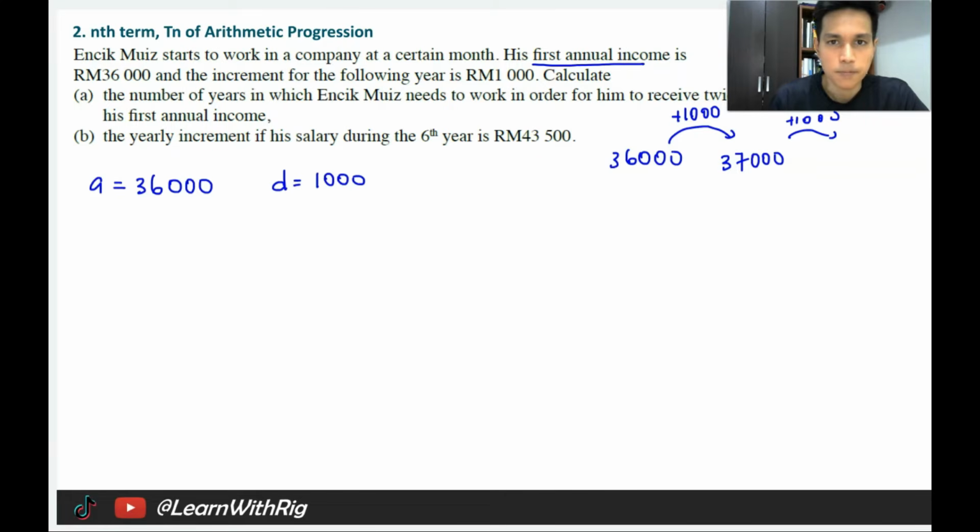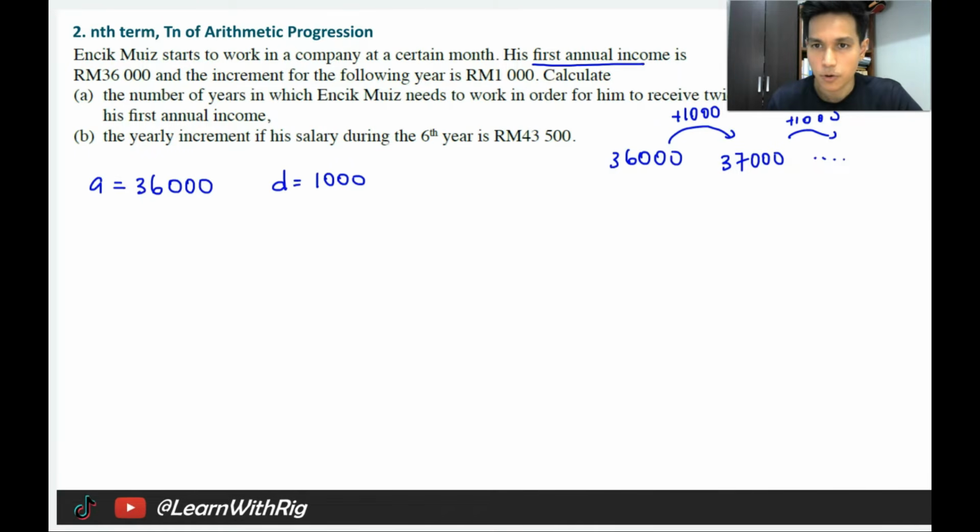So question A, calculate the number of years in which Eunchae Muis needs to work in order for him to receive twice his annual income. So in this case, he's going to keep increasing non-stop until he reaches twice the amount he's receiving right now. Twice. So 36,000 times 2 would be 72,000.